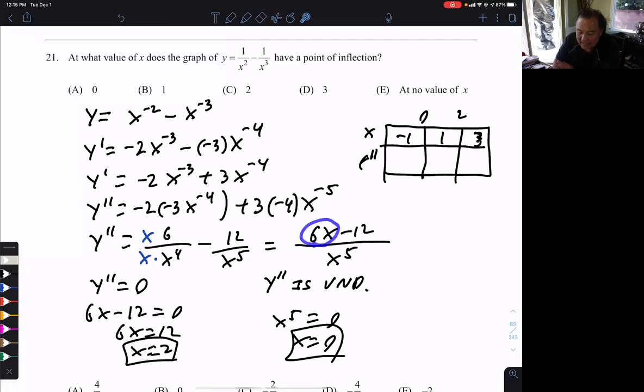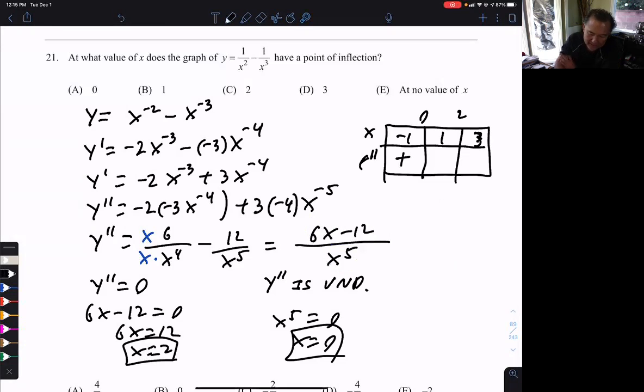-1 times 6 is -6 minus 12, that's -18, over -1 to the 5th, which is negative, and 2 negatives make a positive. So I know the second derivative is positive at -1. Let's plug in 1. 6 times 1 is 6. 6 minus 12 is negative. Over 1 is positive.